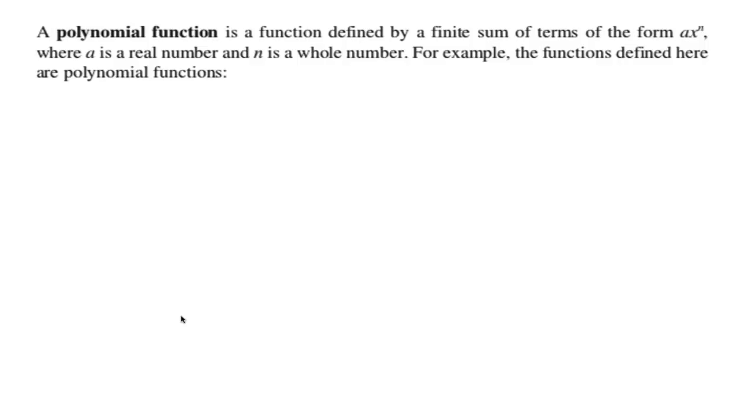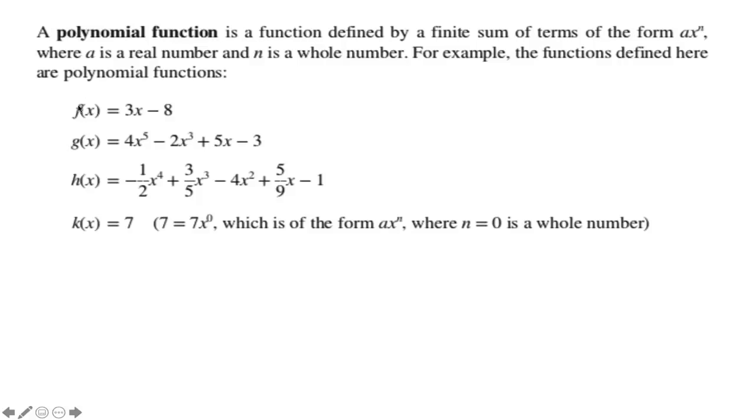A polynomial function is a function defined by a finite sum of terms of the form a times x to the n. For example, f of x equals 3x minus 2. We saw this as a linear function. So that's a polynomial. Notice this is a degree 5 polynomial, and these are called polynomial functions.